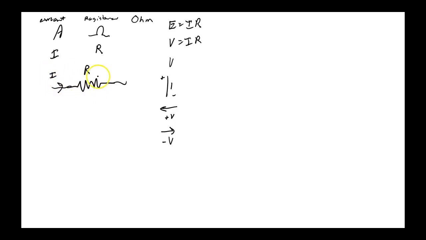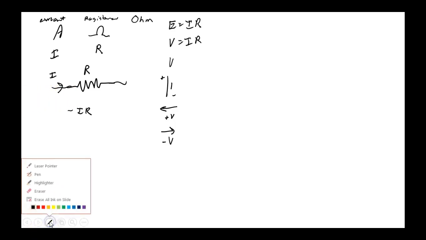If you're going this way, you have a voltage drop, minus IR, because you're going down in voltage. Anytime current goes through a resistor, it loses potential. If you're going backwards, that would be a rise, a plus IR. So that's just a little bit of the nomenclature. You don't need to know all that, but some of it you probably would. So let's hit it.